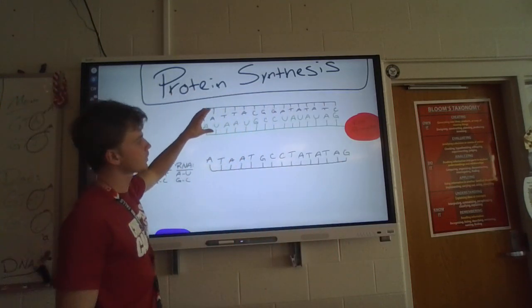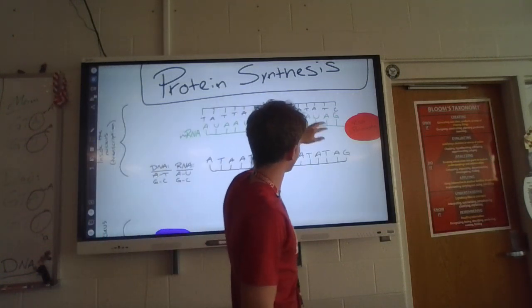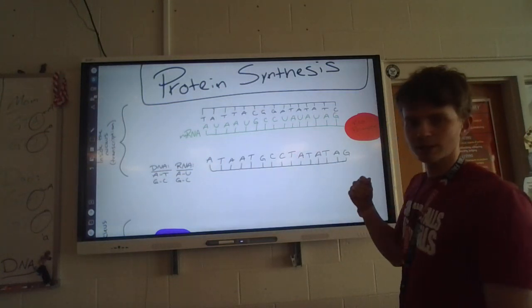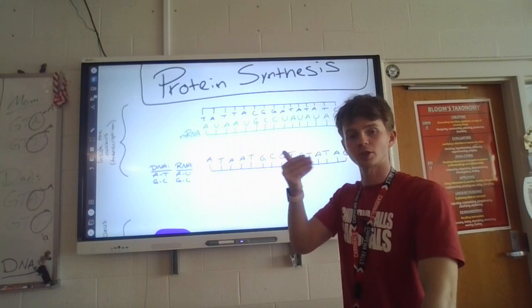Okay, so RNA polymerase will make this RNA strand, mRNA strand, okay, and I colored it green so you can see the difference. So RNA is essentially a different language for DNA, okay?